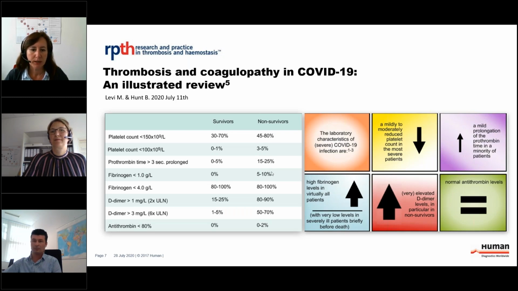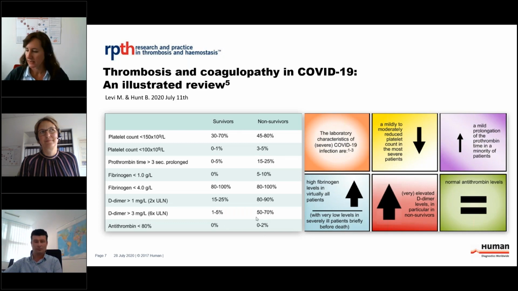The fibrinogen is typically high, which you can see here. Only in severe cases of COVID-19, shortly before death, it is observed that the fibrinogen level drops very strongly, below 1. Typically, the D-dimer levels are quite high, especially in the non-survivors group. The antithrombin levels remain quite stable.